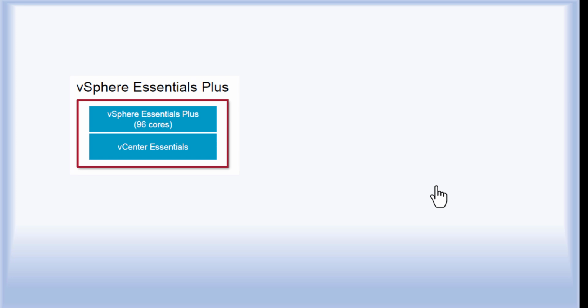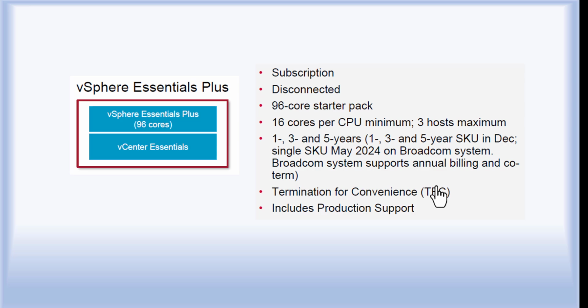That's vSphere Essential Plus. It's totally different than in the old days. Now vSphere Essential Plus can support up to 3 ESXi hosts with 96 cores of CPU.